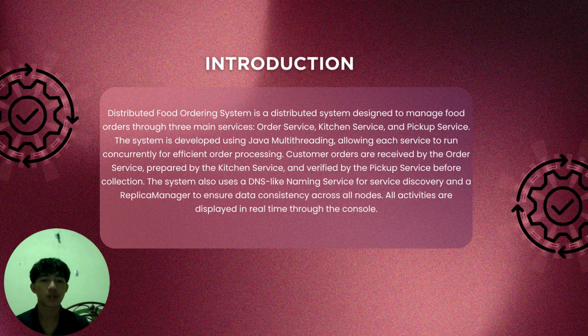When a customer orders, the order service receives it, the kitchen service prepares the food, then the pickup service completes the order. The system also includes a DNS-like naming service and replica manager for data consistency.